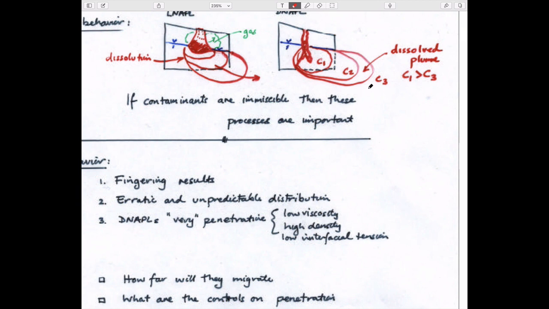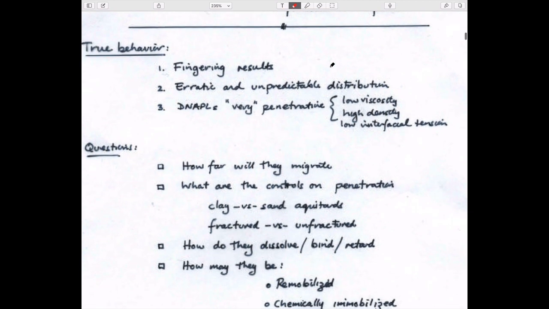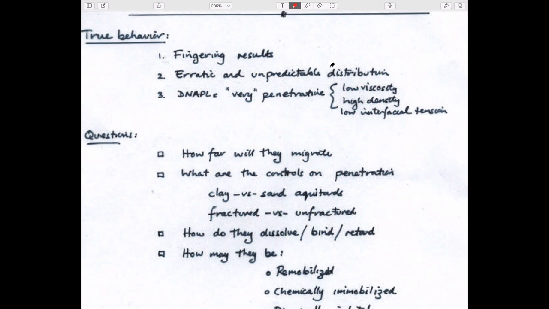Or if you look at this as a single snapshot in time, then this is the lowest concentration, and these would be progressively higher concentrations as you get closer to the source. And so there are a variety of features that you can see in these non-aqueous phase liquids. This might take a day, a week, a month, maybe a year, but not 10 years. It'll reach this equilibrium quite quickly.